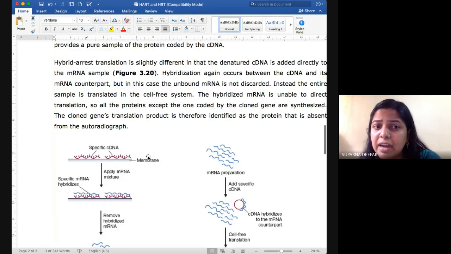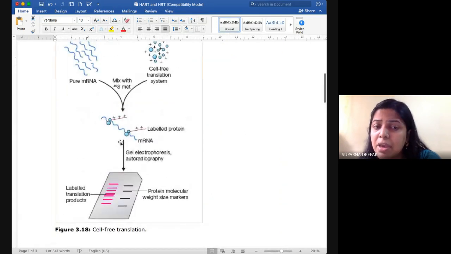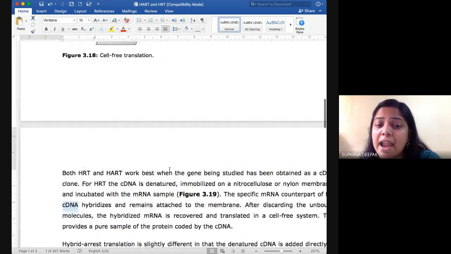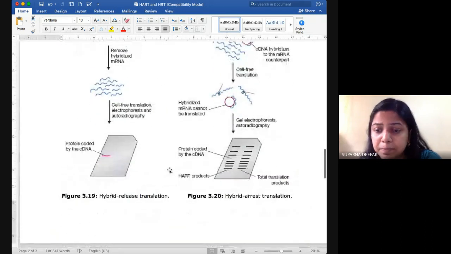Whatever we had seen in this particular method, the same. It is added to your cell-free extract along with the 20 amino acids, along with 35S labeled methionine. So only that particular mRNA would now produce your labeled proteins, and that will undergo gel electrophoresis and autoradiography.